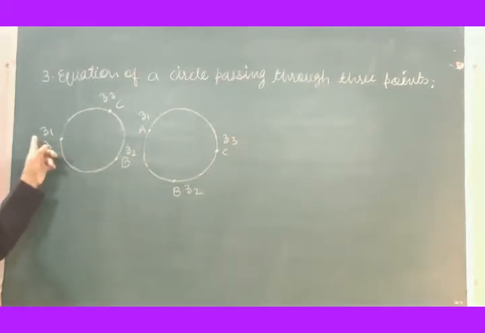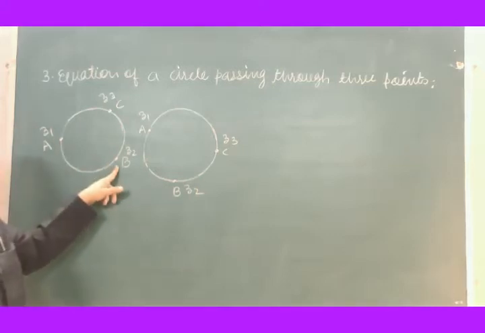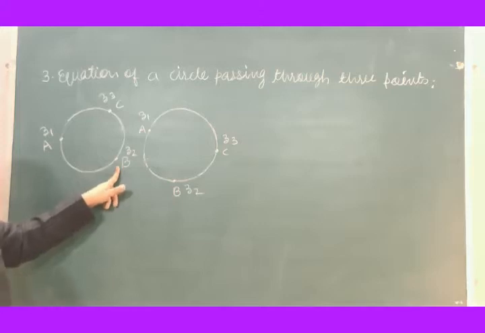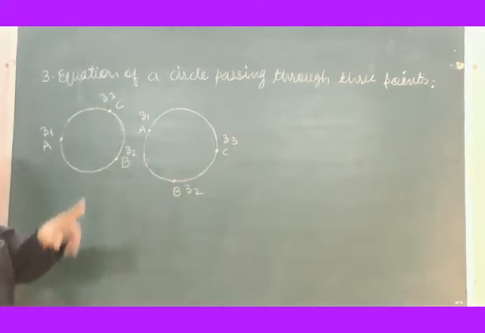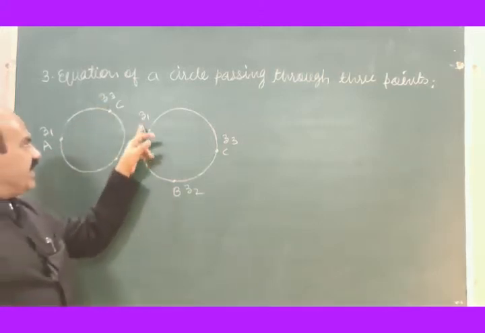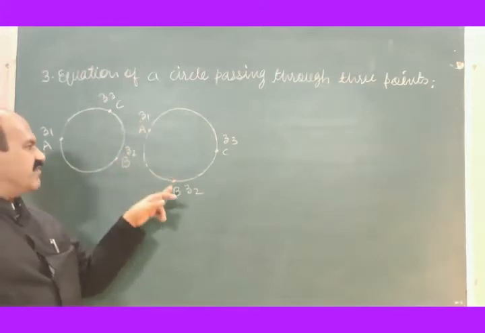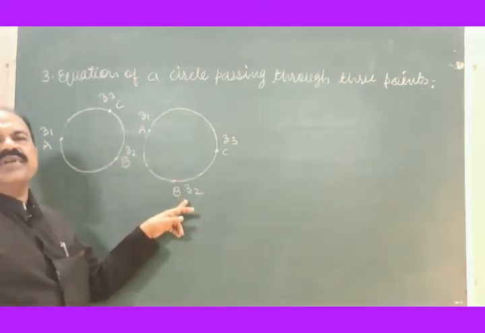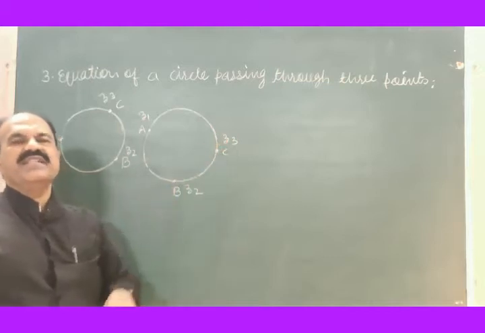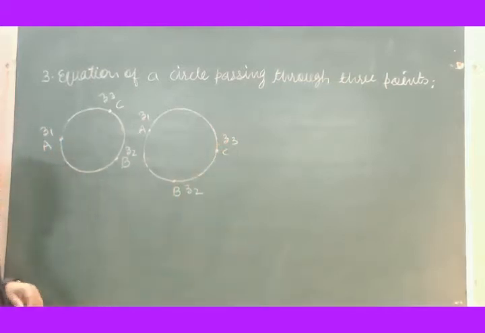So, point A is represented by complex number Z1, point B by Z2, point C by Z3.